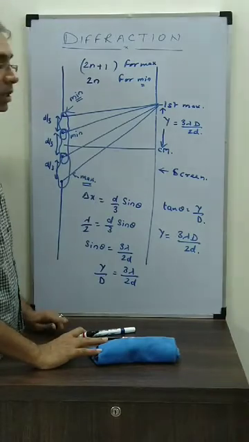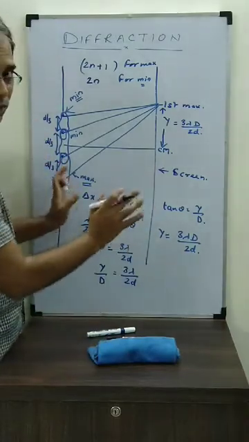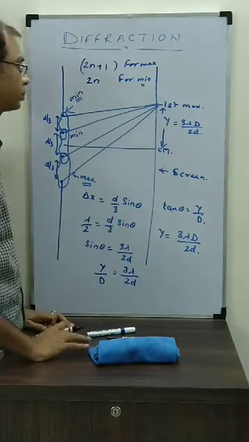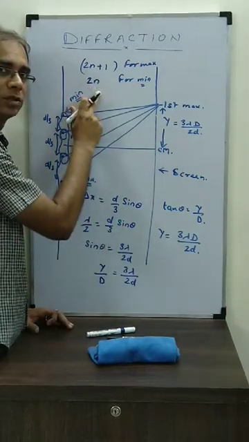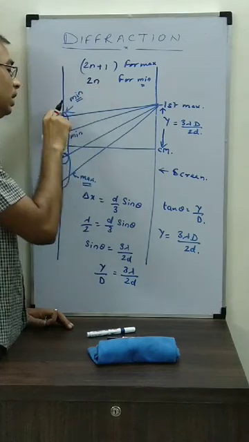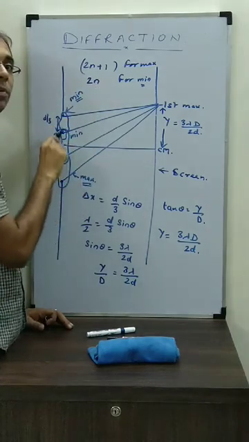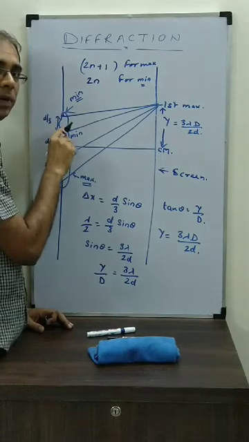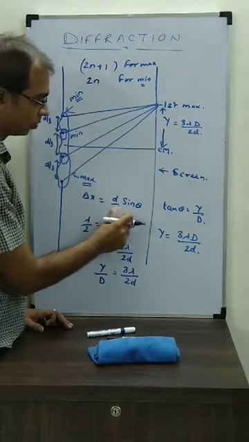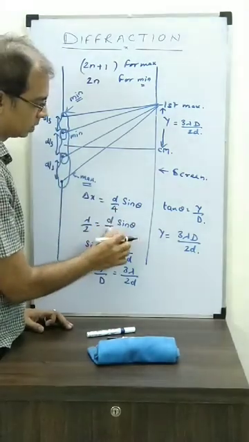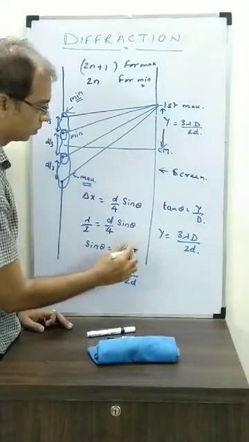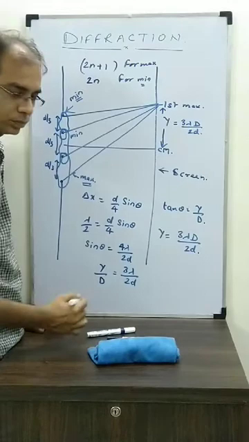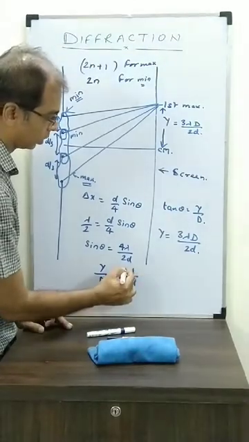For second minima, what is required? I am just doing it in this one only, just check what changes are required. Second minima: how many zones? 4 zones. So 4 zones means each source separation is d by 4. So put here d by 4. Here 4 lambda by 2d, again here also 4 lambda by 2.